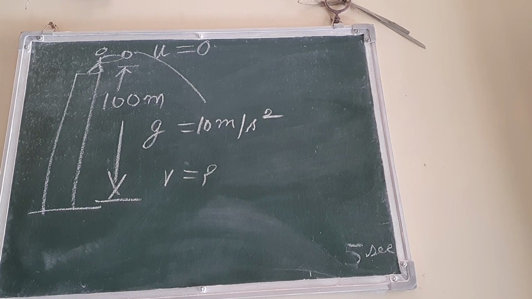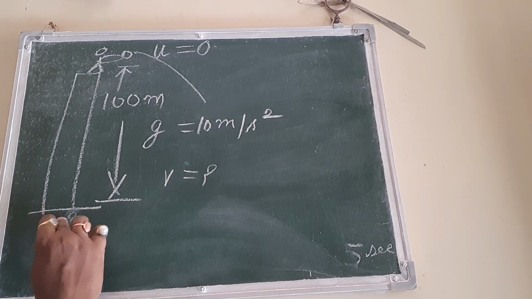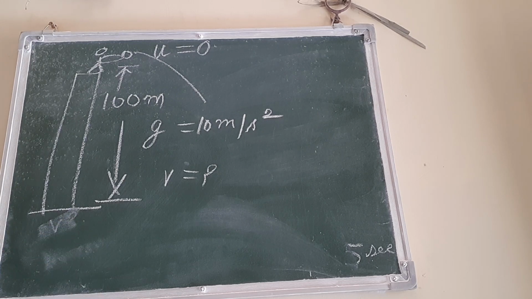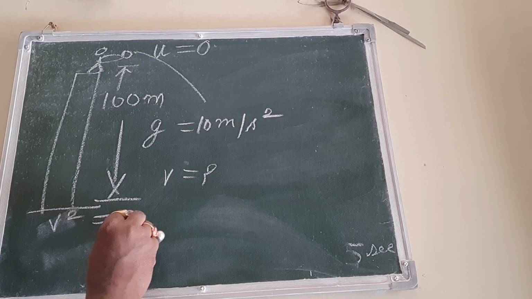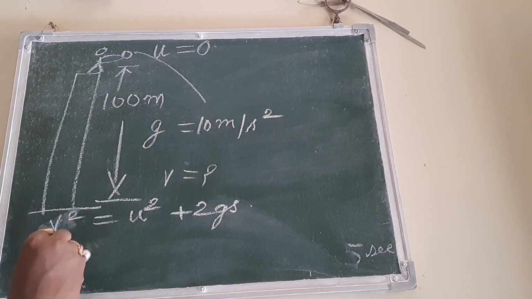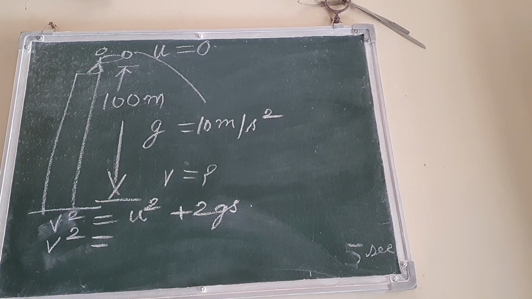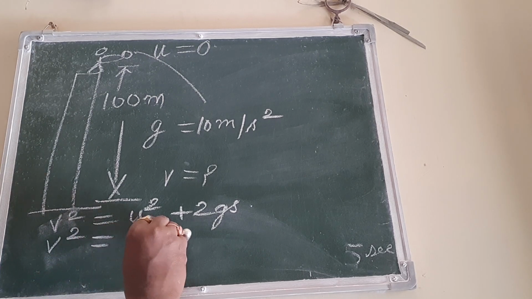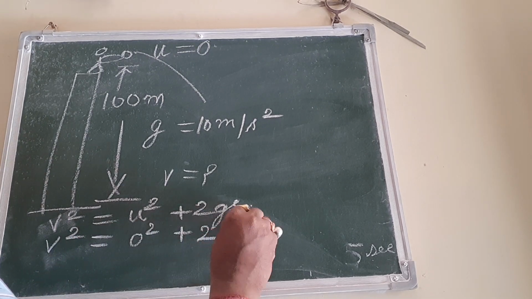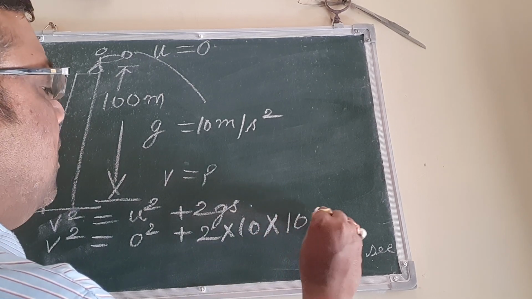So here we are applying the equation of motion, so it is v square is equal to u square plus 2gs. So it is v square, final velocity, initial velocity, since it is being dropped from the tower, so it is 0 square plus 2 into 10 into s, that is the distance, that is 100.